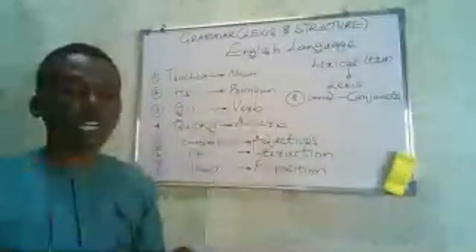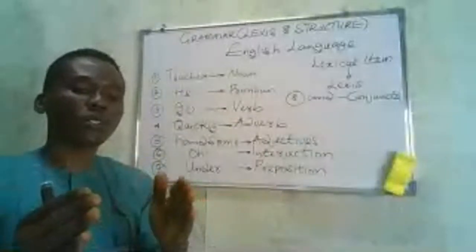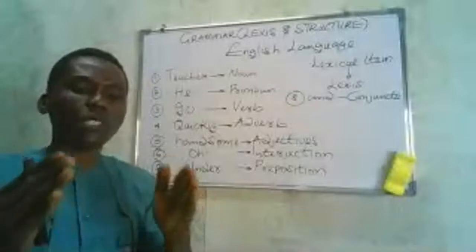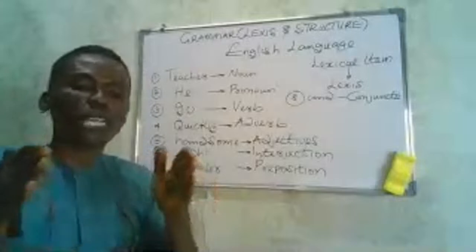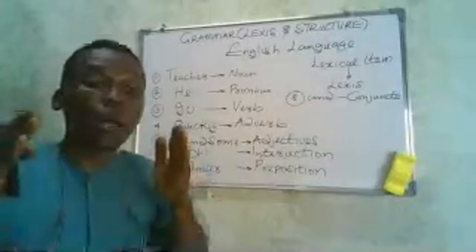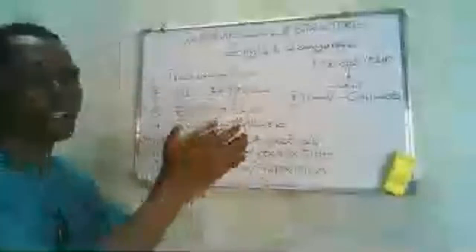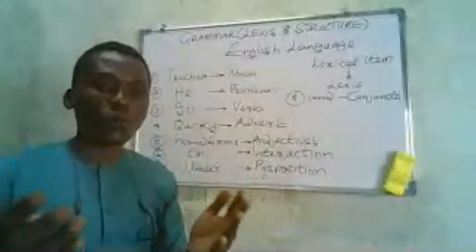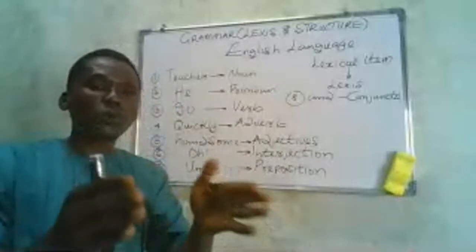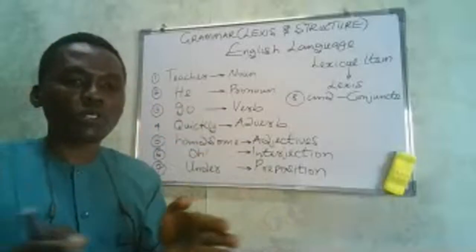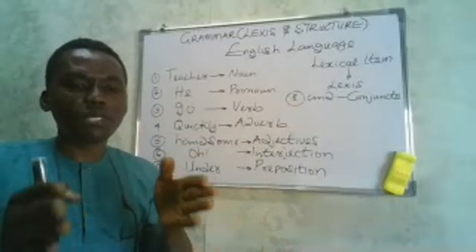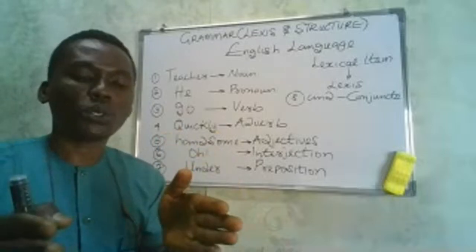So in a nutshell, I can say structure refers to the definite established rules of a language for combination of words in that language to form meaningful utterances. Now, when we bring all these lexical items together in such a way that we follow the rules that are set down for them and we use them to form a meaningful sentence, that is structure.